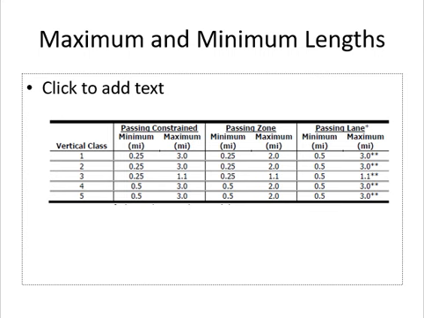Passing is allowed up to 2 miles. And if you have a passing lane, then this is the length for class 1. From 0.5 to something. Less than 0.5, you have to go to one of these. Same thing for class 2 and so on.